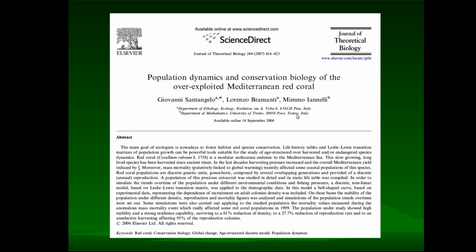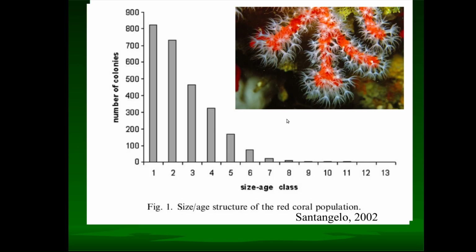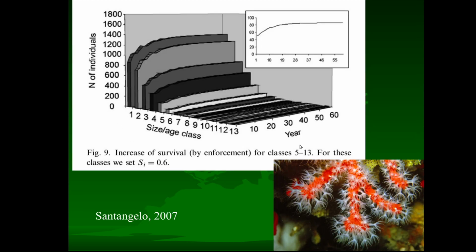And this Santangelo paper. So this is the size age structure of a red coral population. These are from colony diameters.